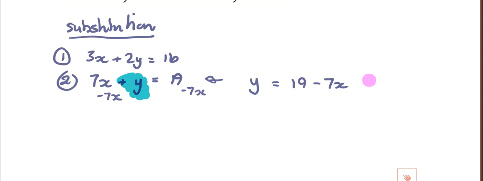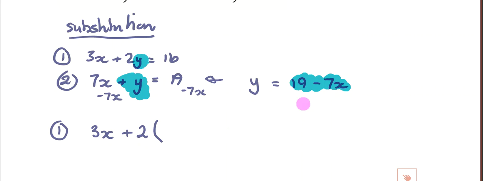All right, do you remember doing that? What do we then do? We take that y equals 19 minus 7x, and we replace the y in the other one. So, in number 1, we now have 3x plus 2, and we replace the y with 19 minus 7x.